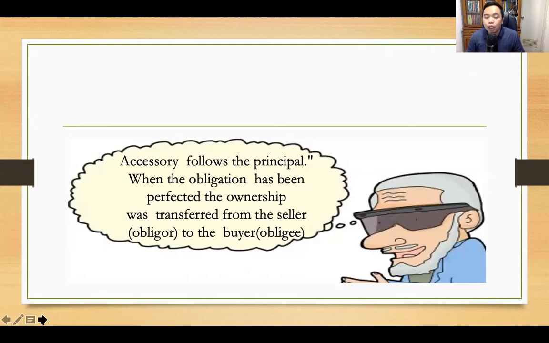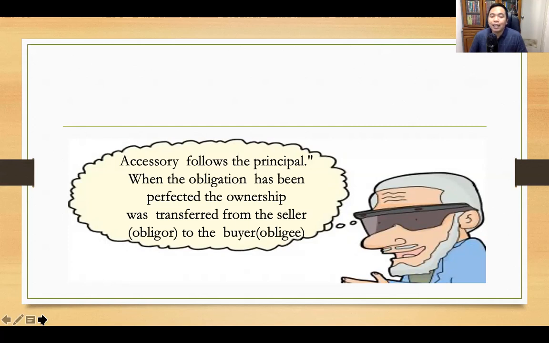For example, on September 1, 2020, A and B entered into a contract for the sale of a female dog, to be delivered on October 1. So, i-deliver daw ni A kay B yung dog on October 1. But on October 1, nanganak yung aso that is supposed to be delivered by A. Now, question, who owns the puppies, A or B?